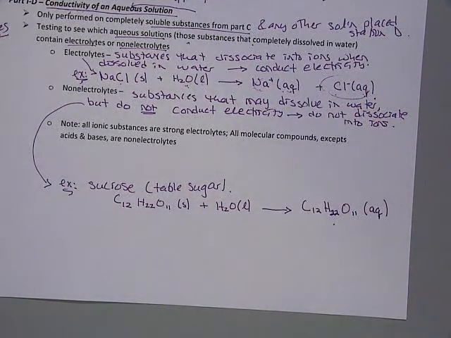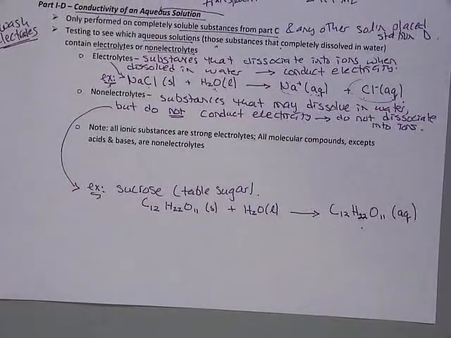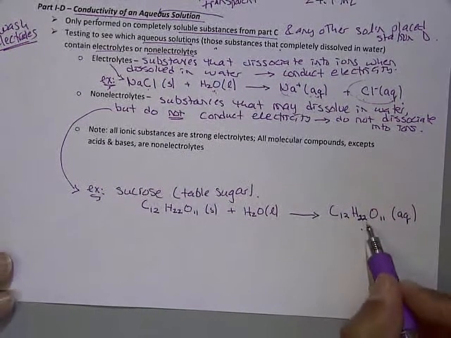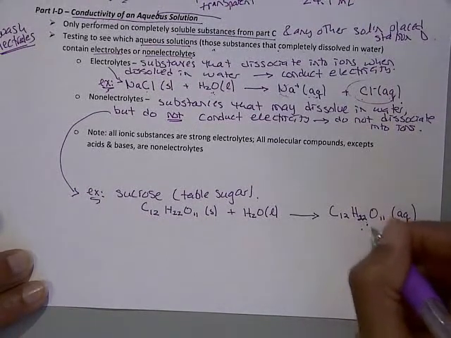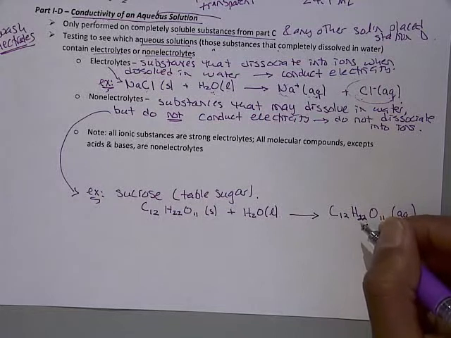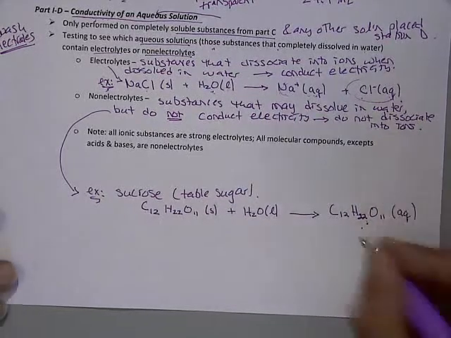We know sugar dissolves in water. This is something that everyone knows that's ever made a cup of tea or even coffee or anything of the sort. Now, if you were to put your electrodes into sugar water, you're going to see that the light bulb does not light up.